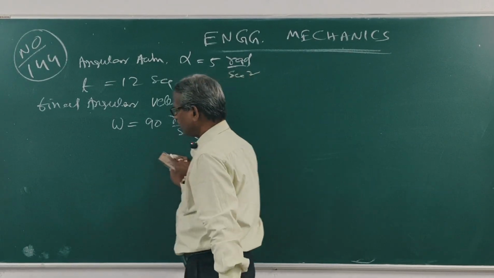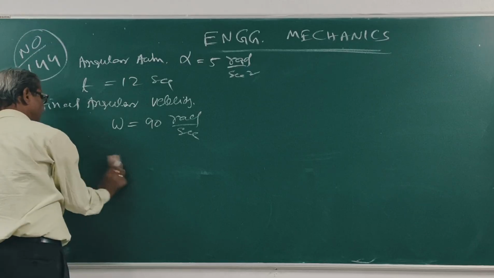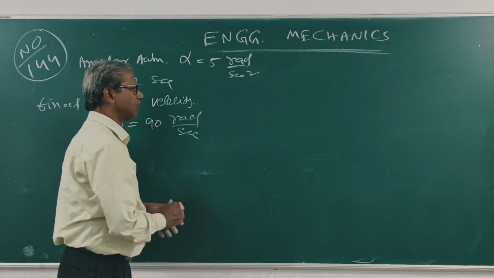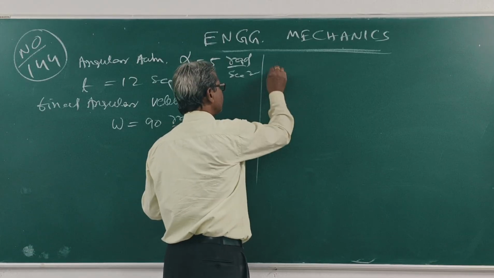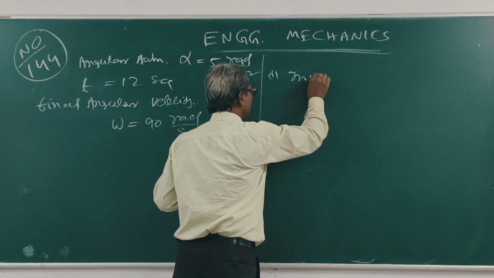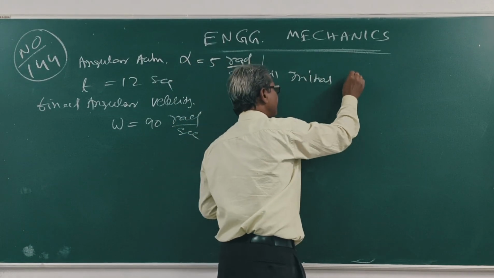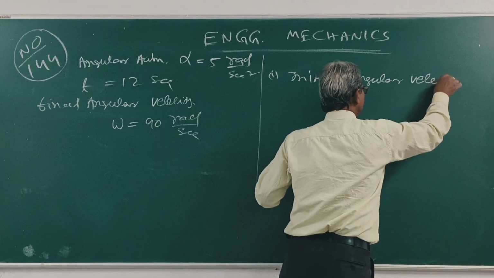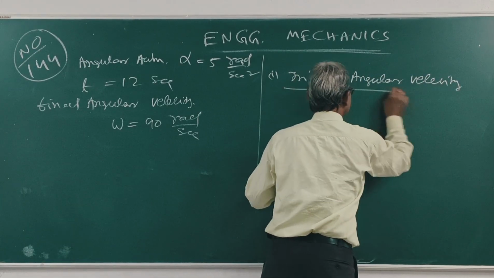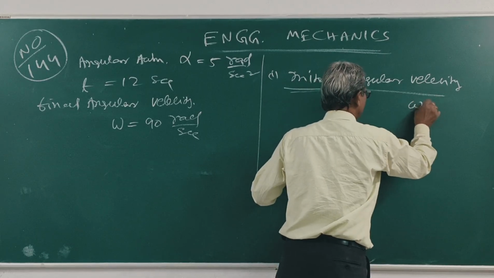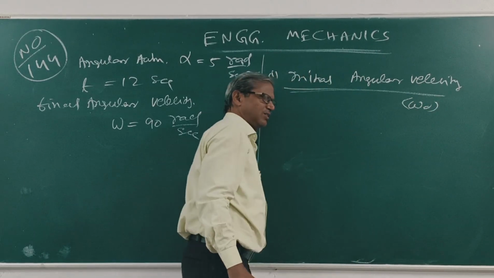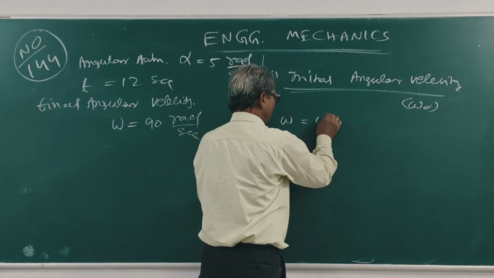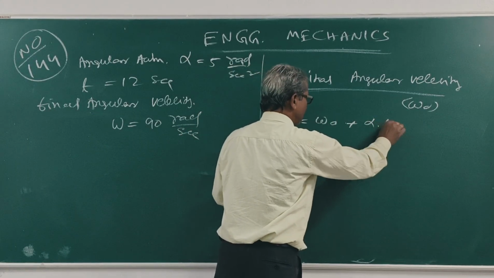The question is to find the initial angular velocity, number 1, omega 0. Omega is equal to omega 0 plus alpha t.